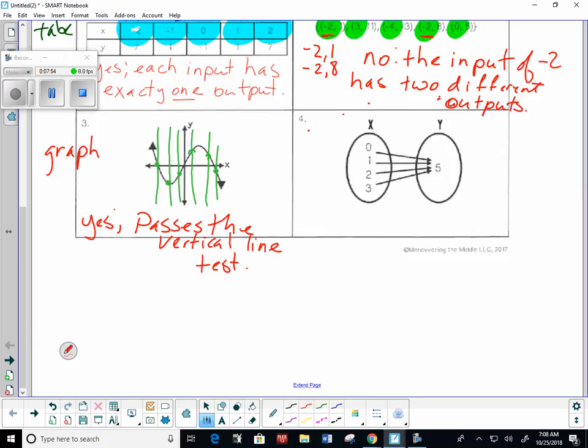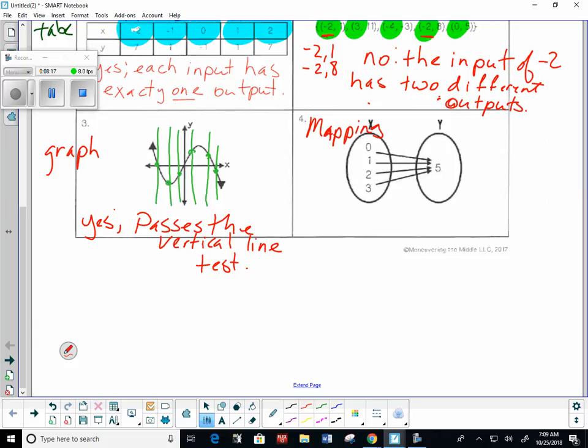Okay, this next one is called a mapping. M-A-P-P-I-N-G. And when we look at this, we really want to be careful and make our ordered pairs.